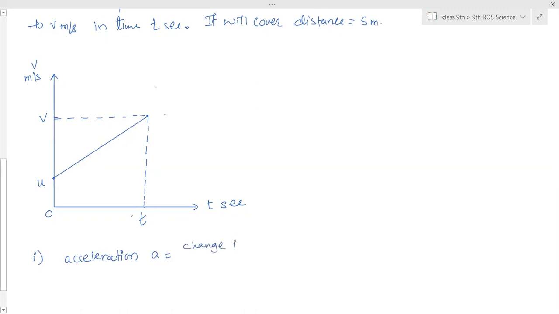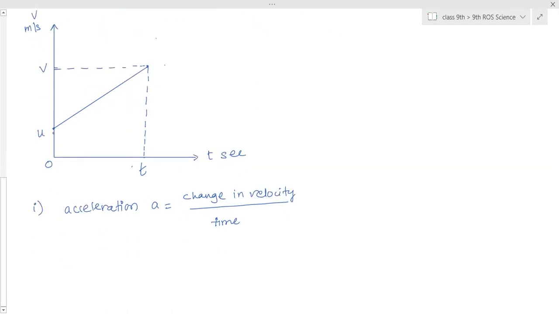Change in velocity in a given interval of time. So what is the change in velocity? What is the initial velocity? u meter per second. And after time t, how much is the speed changed? It changes to v. So v minus u by t is the acceleration.